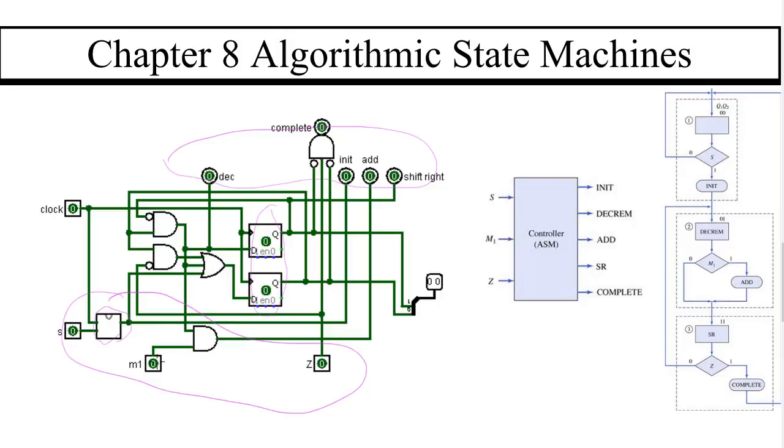And then I had to modify M1 with this gate so that it would only wake up here in algorithmic state 2. And then I had to modify Z right here so it would only wake up when we're going out this Mealy path. So those are the major issues associated with the algorithmic state machine. And then just setting up the flip-flops right here.